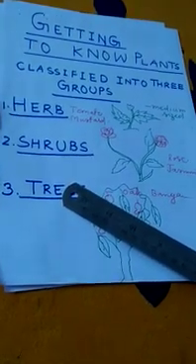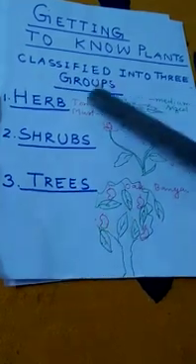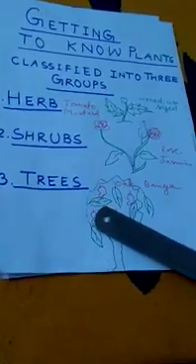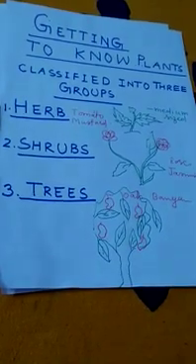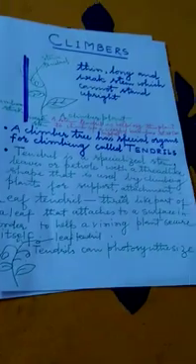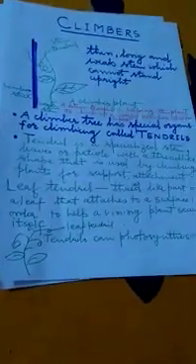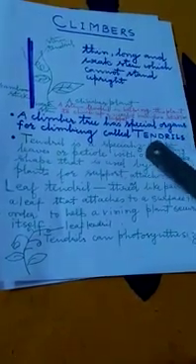And I told you about the basis of their classification into the three main groups. Today, I am going to tell you about other types of plants which do not come under the category of herbs, shrubs, and trees. Such plants are called climbers and creepers.